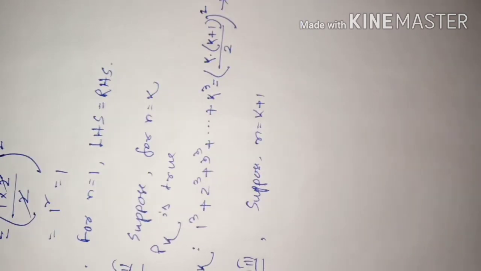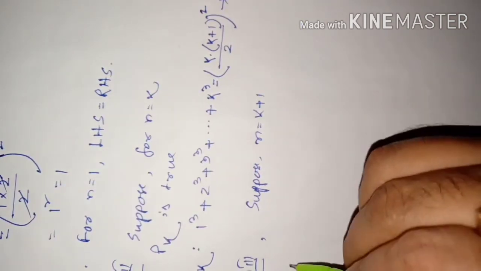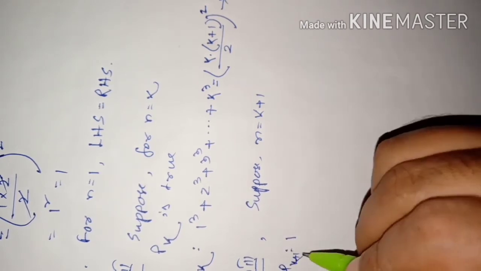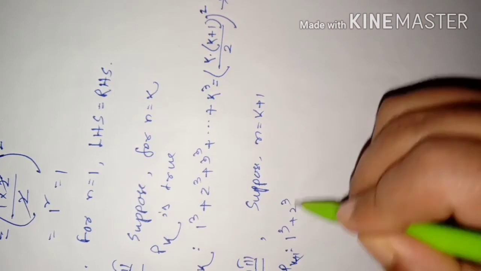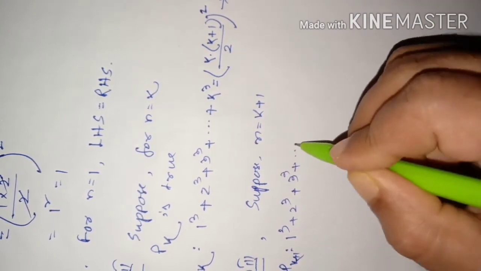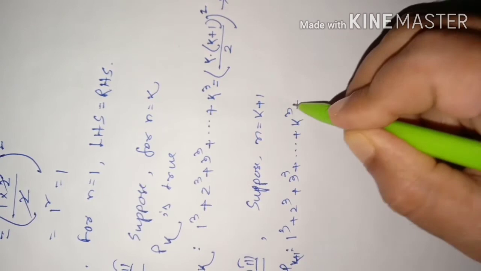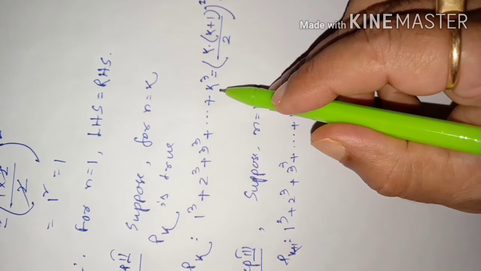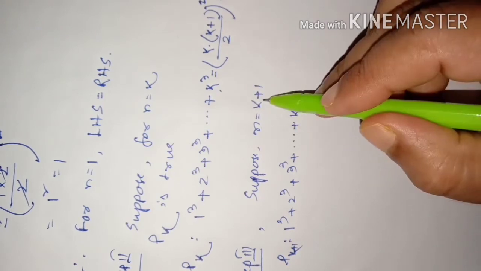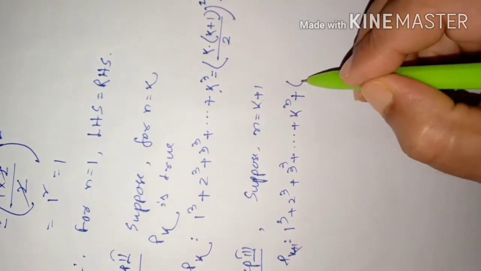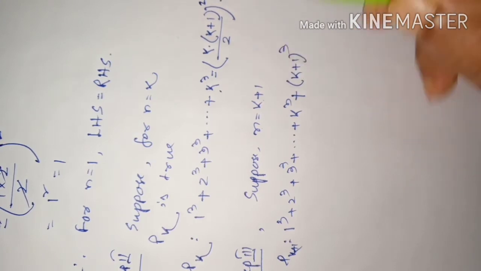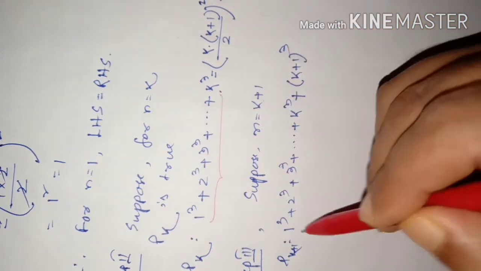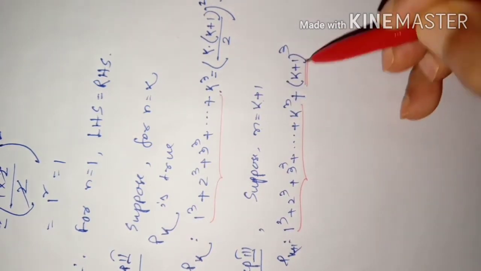Suppose n equal to k plus 1, then left hand side will be what? pk plus 1 will be 1 cube plus 2 cube plus 3 cube plus dot dot dot plus k cube. One term will increase now, up to k plus 1 we have to go, because k cube means up to kth term, but you are taking n equal to k plus 1, that means up to k plus 1 term. So last term will be now k plus 1 cube, because similar terms you have to write, same terms up to here you wrote, this extra term will come whenever you take n equal to k plus 1.